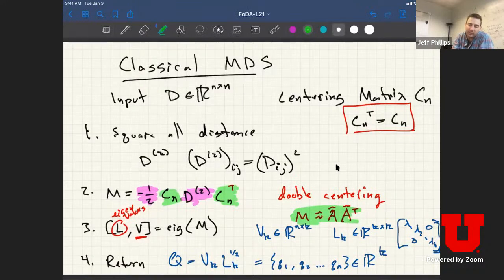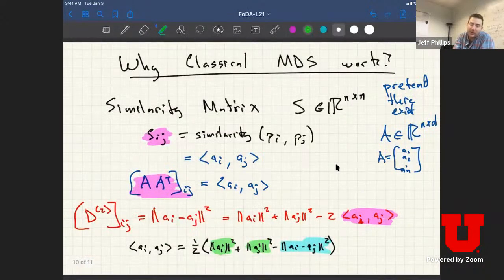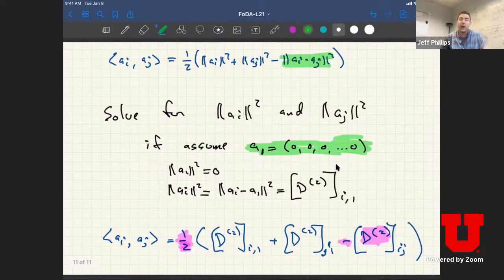I put the centering matrices on A and on A transpose. And so I get the A tilde transpose A tilde, the eigen decomposition. That will be the left singular vectors, which will give me the embedding I'm hoping for with MDS. I'm not going to go through all those steps, but hopefully that explains why this works.